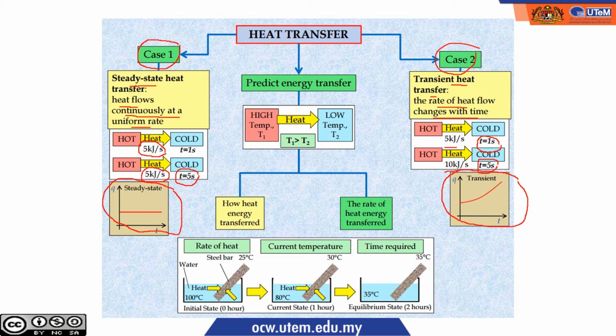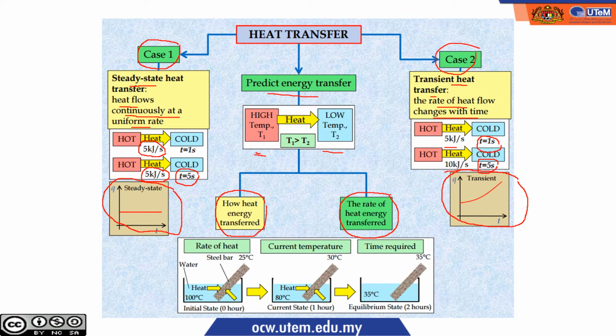And for heat transfer, we can predict the energy transferred from high temperature T1 to T2, when T1 is bigger than T2. If we know how heat energy is transferred and the rate at which it is transferred, then we can predict the energy transferred.